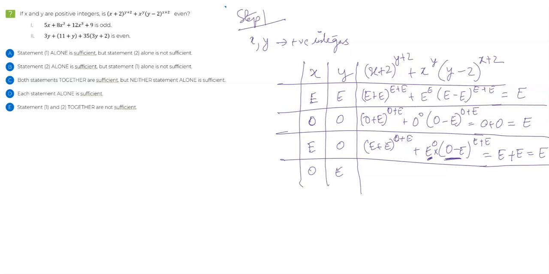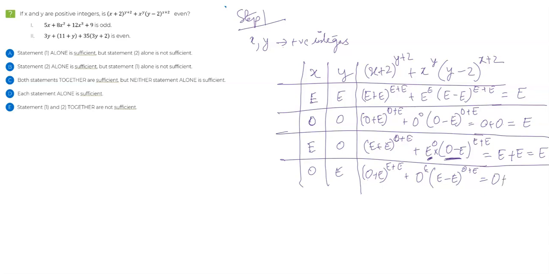Now let's check the last case. In the last case, notice that if you take odd plus even to the power even plus even, and here you'll get odd to the power even times even minus even to the power odd plus even. Okay, now even plus odd is odd, right?